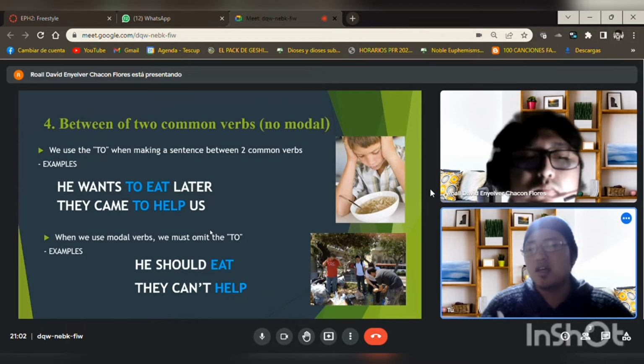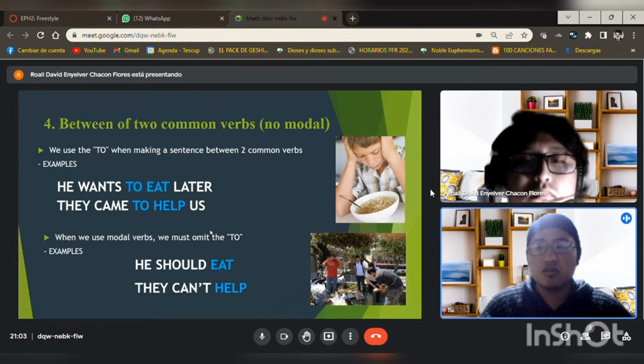For example, 'He wants to eat later,' or 'They came to help us.' In these sentences, want and eat are two common verbs, and they use 'to' between the verbs. And 'came' and 'help' are two common verbs, and they use 'to'. When we use modal verbs, we must omit 'to'.